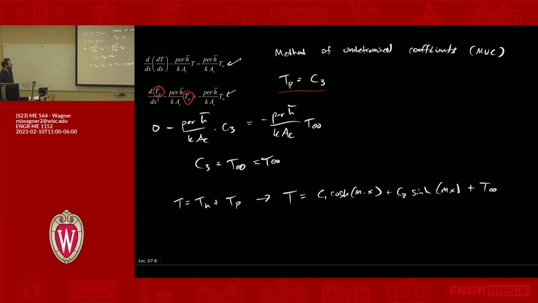OK? So hopefully now you see this process and why we have to do both parts. Because if we had just found a function that satisfied the particular equation, we would have just said T is T infinity. Right? And that's not the complete solution.